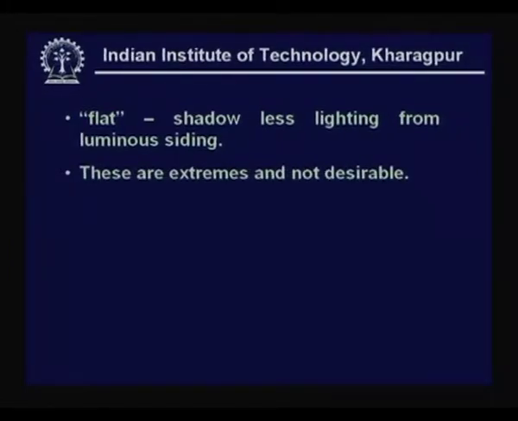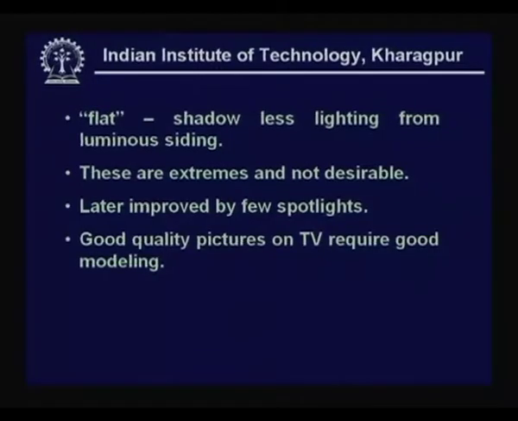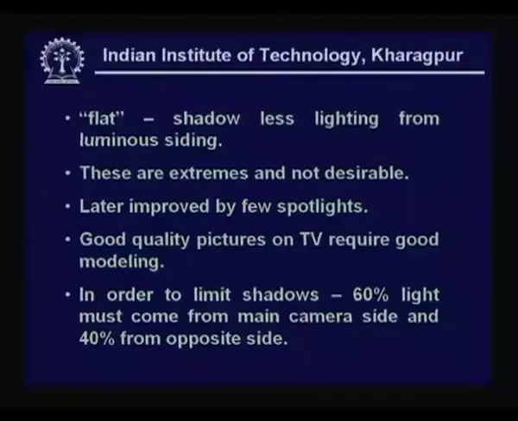One aims to have shadows between the two, and shadows are often improved by providing a few spotlights. This is more important from the point of view of observing pictures on TV for the media requirement. It becomes very important, more than for the player.